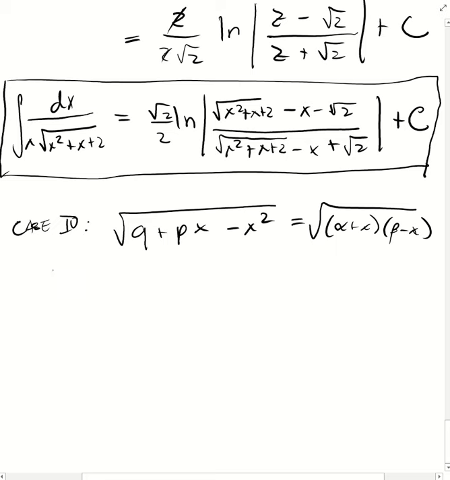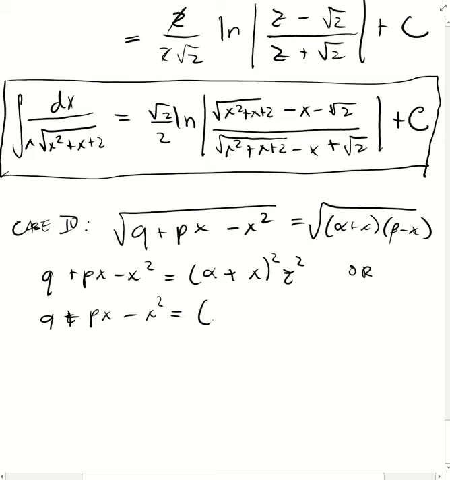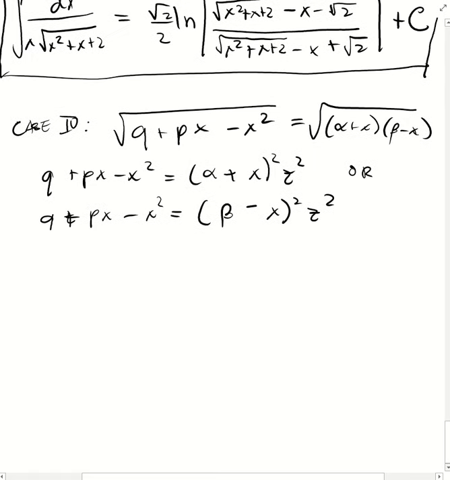Then the substitution will be q plus px minus x squared equals alpha plus x squared z squared. Or we can use the other factor, q plus px minus x squared is equal to beta minus x squared times z squared. It's another substitution that is useful if you encounter this type of problems.